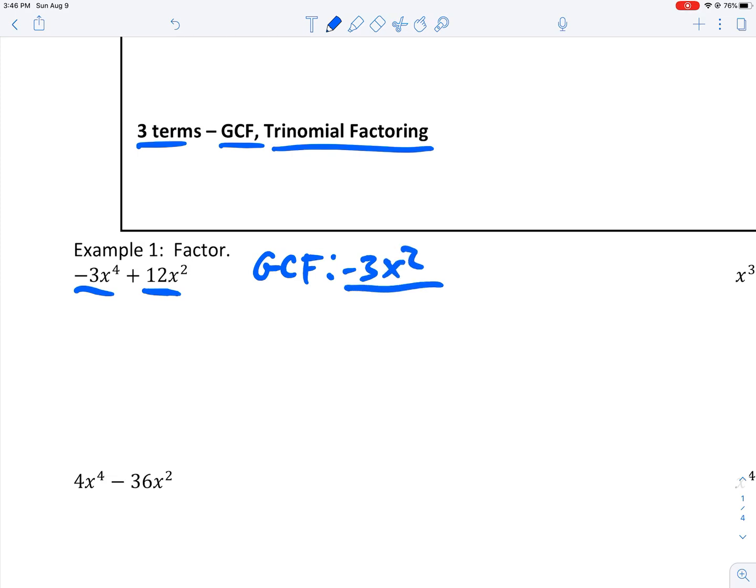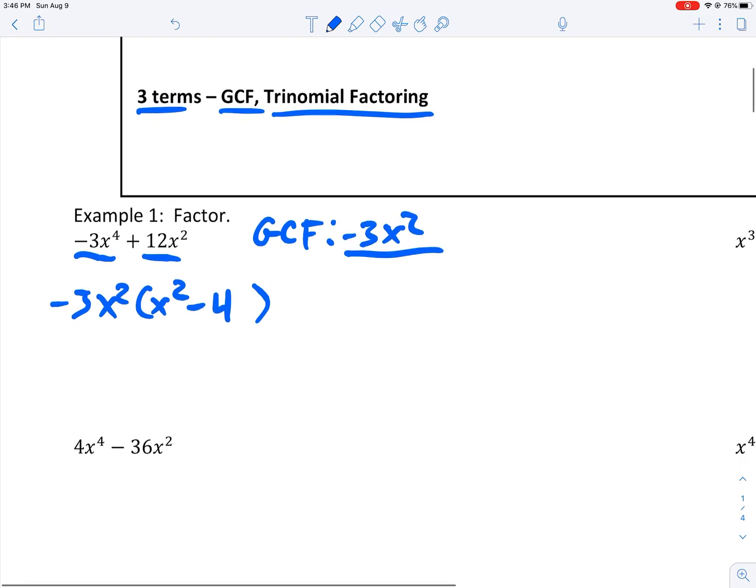Because -3 goes into -3 and 12. It's x to the fourth and x squared, so I can take out an x squared. So if you factor out a -3 x squared, what would be left? Well, there would be no -3, and this would just be x squared. This would be a minus now, because you factor out a negative. And 3 goes into 12 4 times.